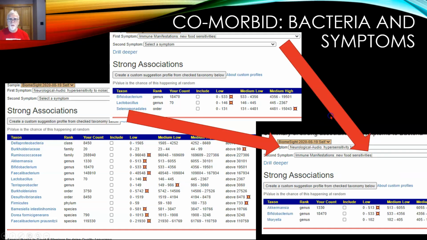Okay, let's go on. For samples, once you have uploaded them, we actually try speeding up the ability for you to identify the bacteria by having a 2-step. We have discovered that there are pairs of symptoms that are statistically significant.